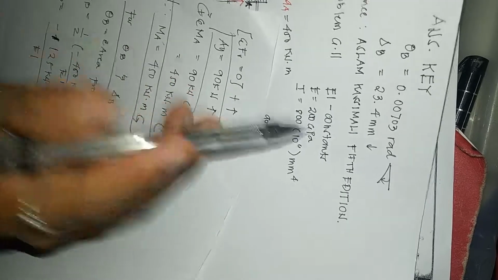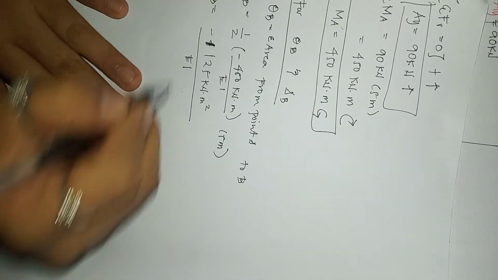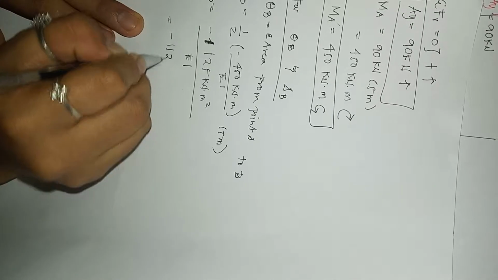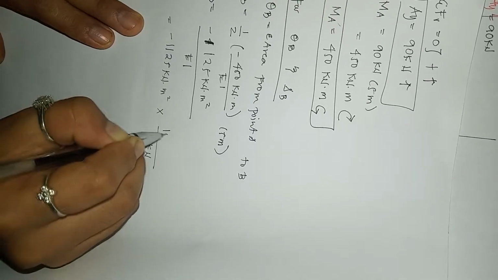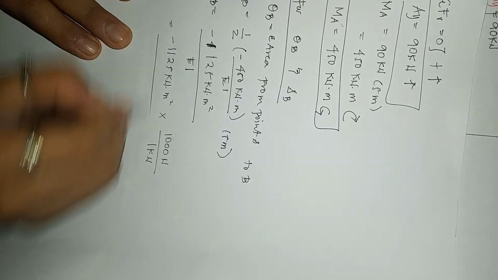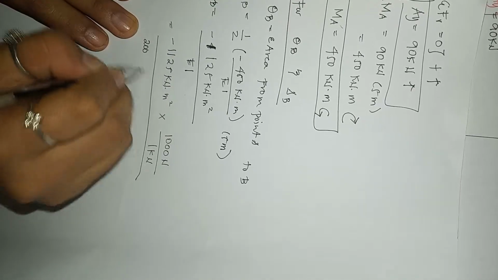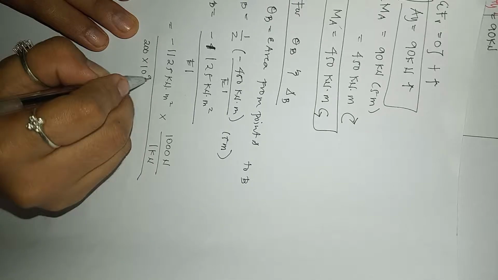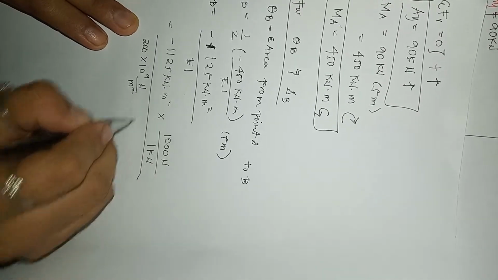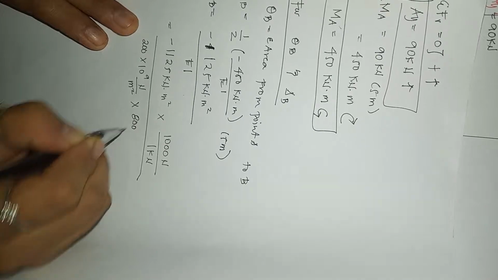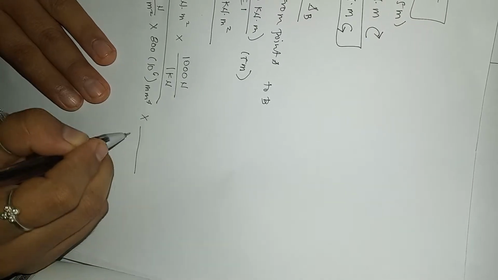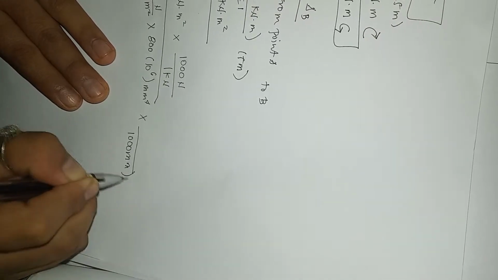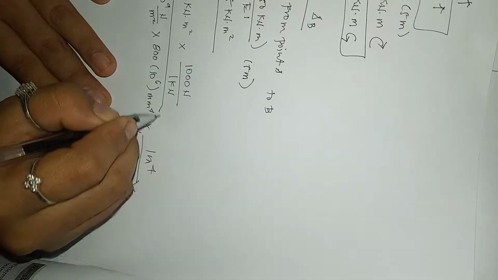So we have EI constants here. Let's just substitute. So we have negative 1125 kilonewton meter squared, multiplied by 1 kilonewton equals 1000 newton, all over 200 gigapascal, which is 200 times 10 raised to 9 newton per meter squared, multiplied by I, which is 800 times 10 raised to 6 mm raised to 4, converted to meters, where 1000 mm raised to 4 equals 1 meter raised to 4.